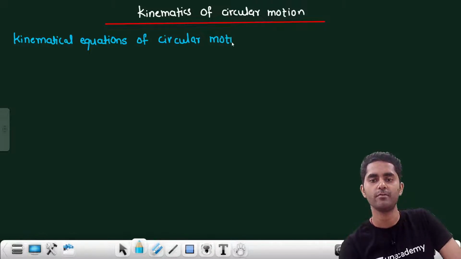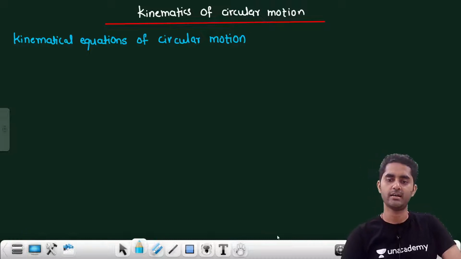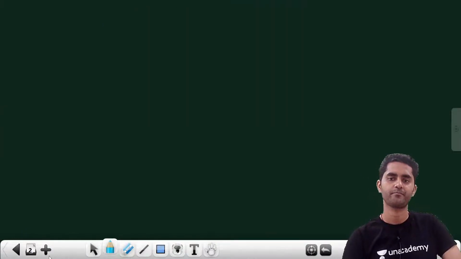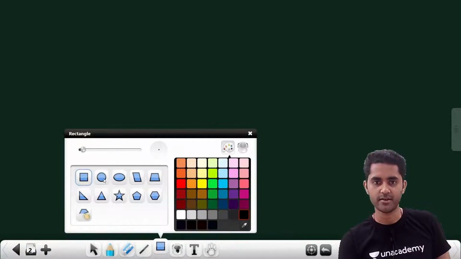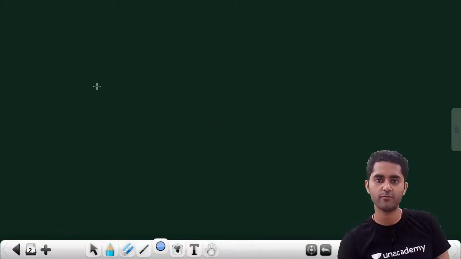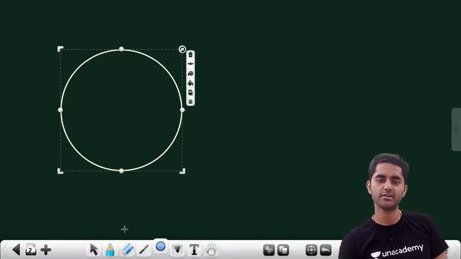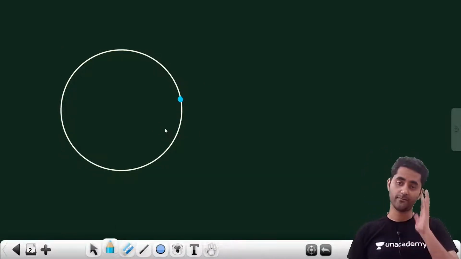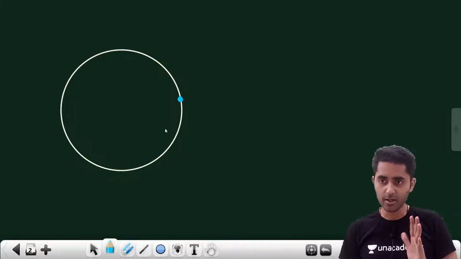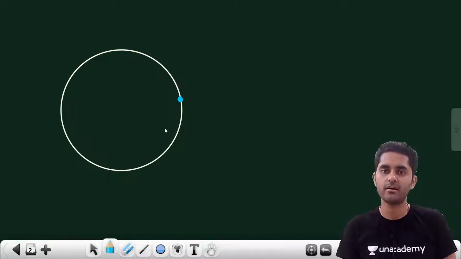Before that, we all know what circular motion is, and how a body moves in a circle. If a body moves in a circle, we say that it is performing circular motion, and for that there has to be a centripetal force.